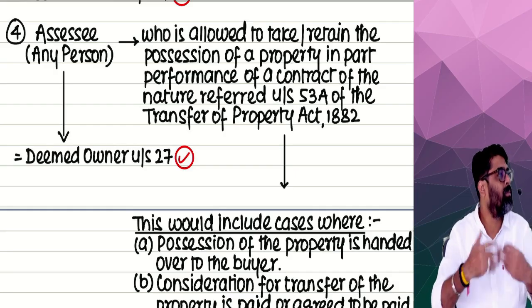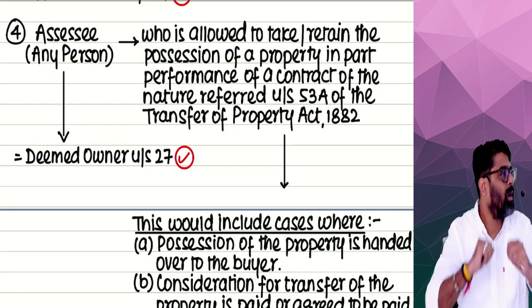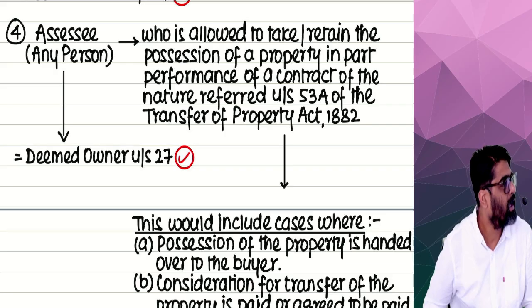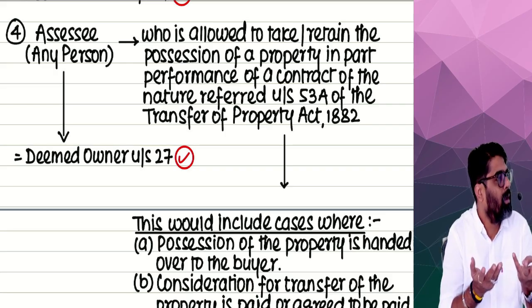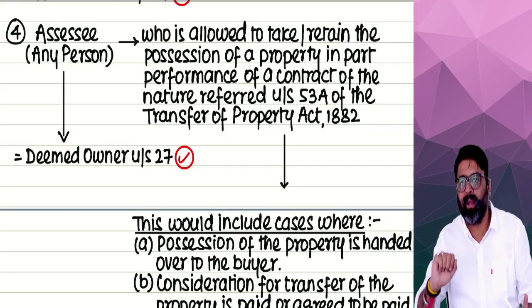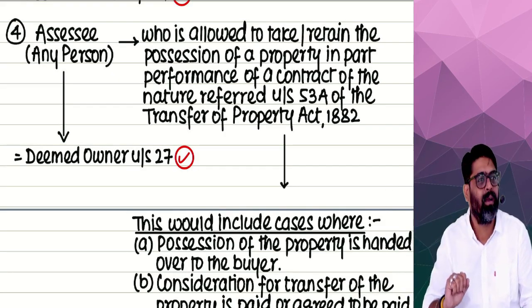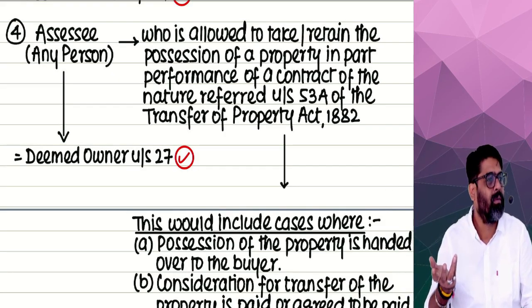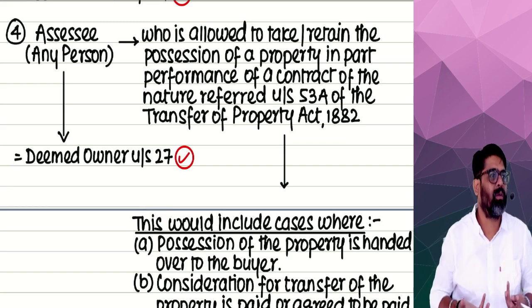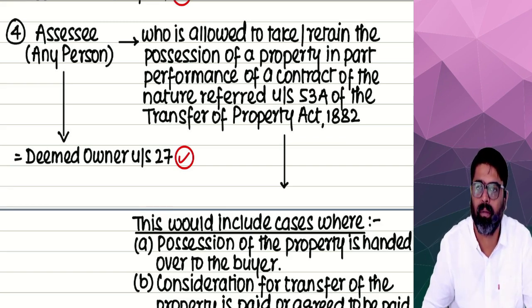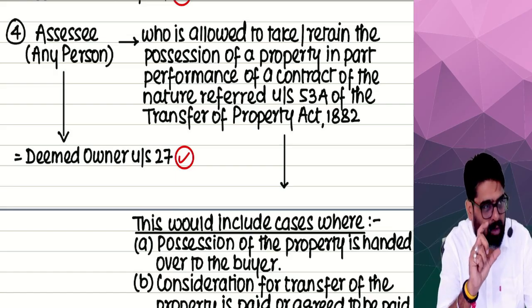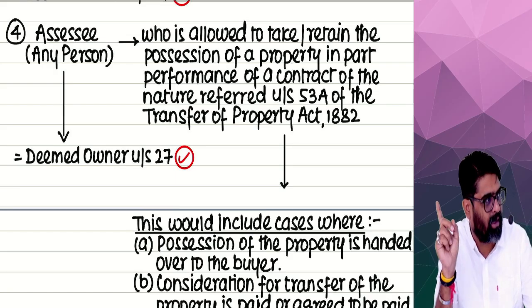The moment the possession has come to you, you are enjoying the property as owner. It's just that paperwork is remaining, registration is remaining. That does not make me the owner just because I have not transferred the property in your name. Getting my point? Just the legal documentation is pending.